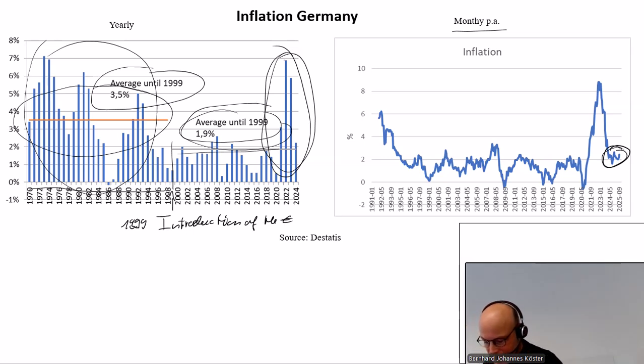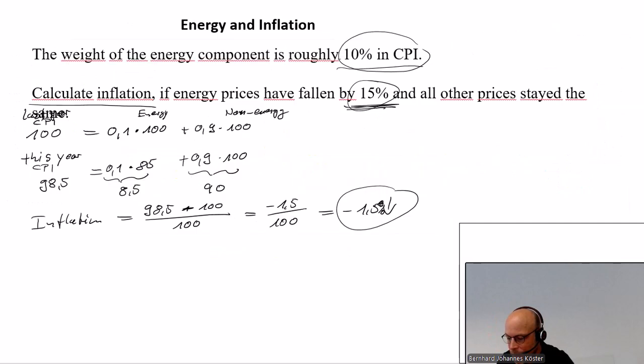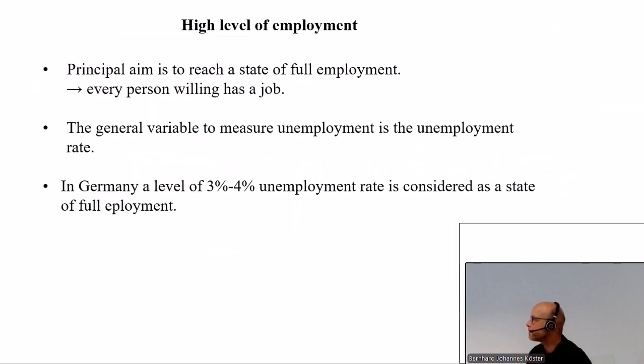Okay, but that's it as a recapitulation for the aim of price level stability, and then we want to come to the aim of high level employment. In general, not surprisingly, the overall aim would be full employment.